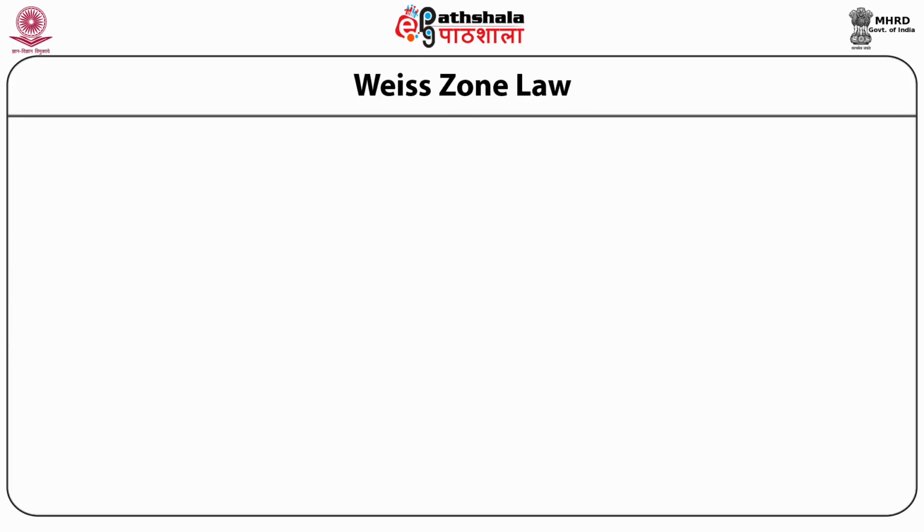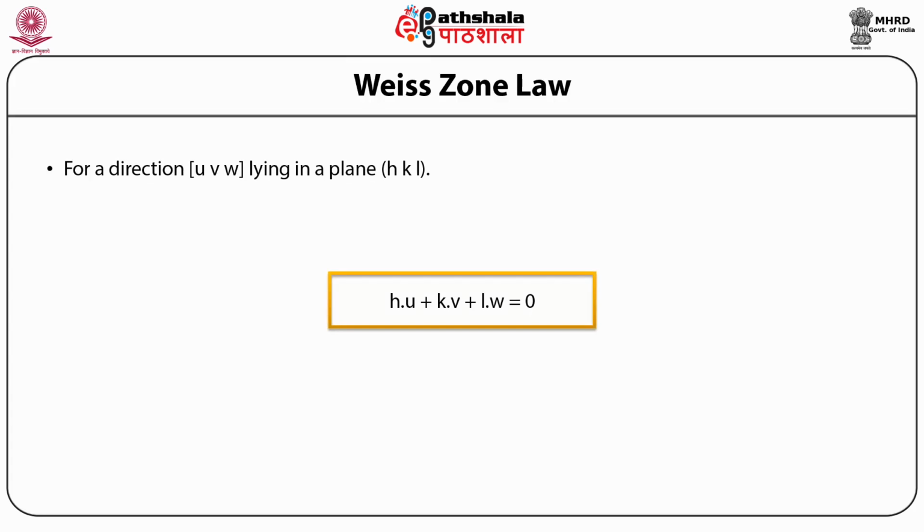Weiss zone law: for a direction [uvw] lying in a plane (hkl), h multiplied by u plus k multiplied by v plus l multiplied by w is equal to 0. This is a useful expression to determine the common directions between various planes.